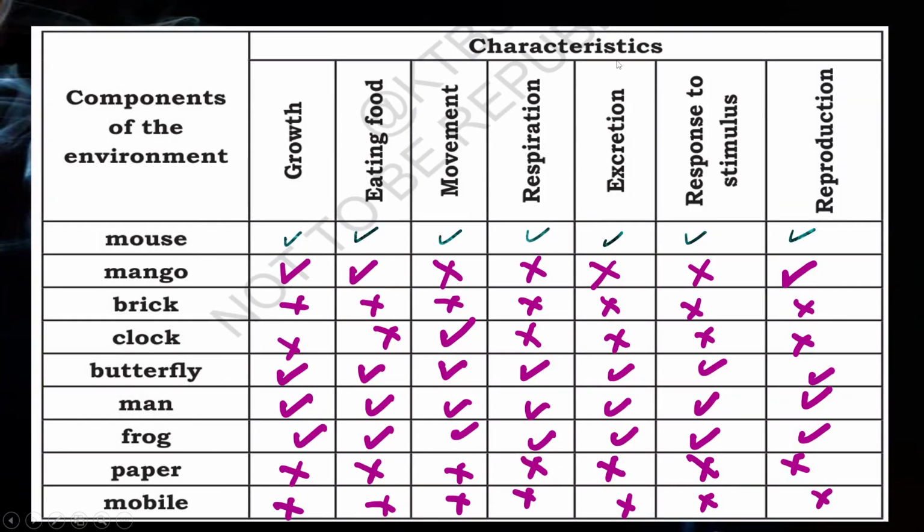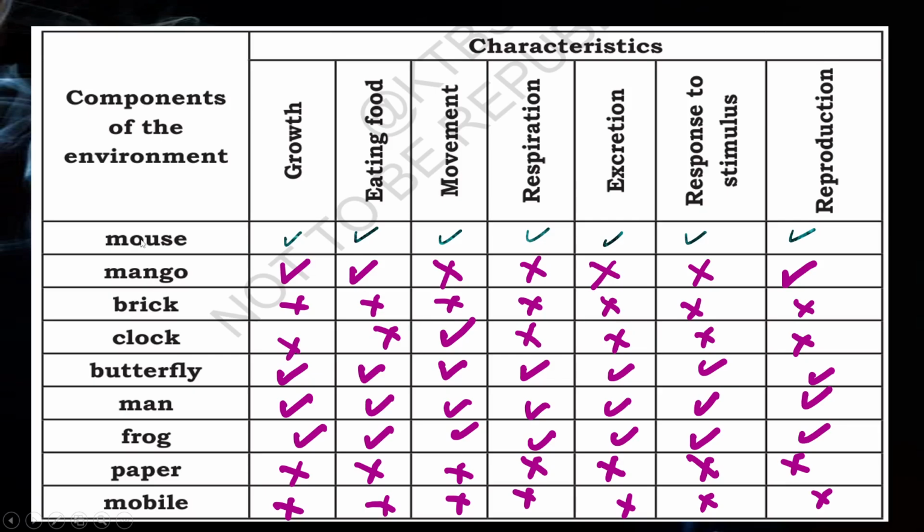The characteristics are: growth, eating food, movement, respiration, creation, response to stimulus, reproduction. If all of these characteristics are found, then it is a living being. If some are wrong, then it is a non-living thing. Based on this, you can distinguish.